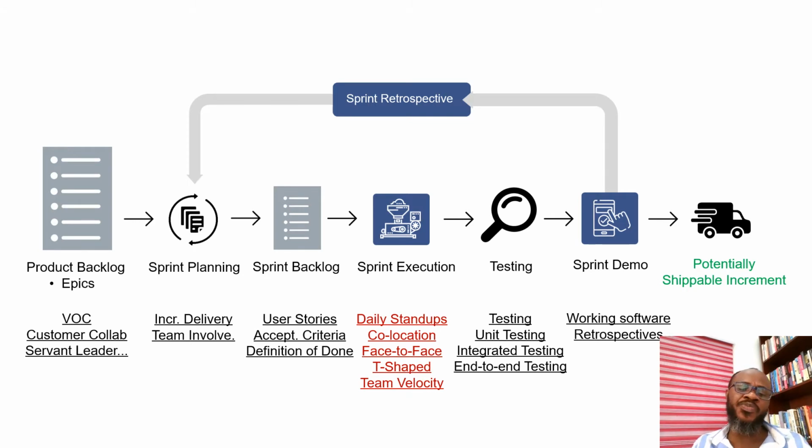And within sprint execution, a number of things happen that have been designed in such a way that the creation of defects is actually minimized to its barest possibility. Okay, so that is it. We have daily stand-ups. Daily stand-ups are meant to explore challenges team members may be facing in the development process.